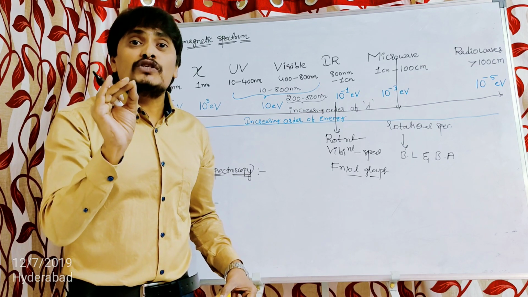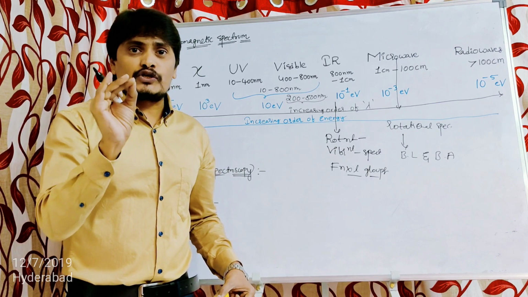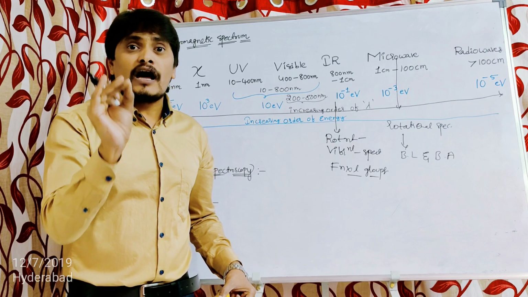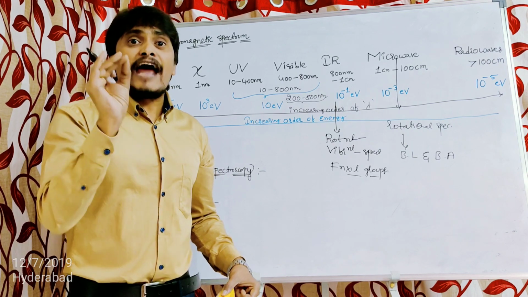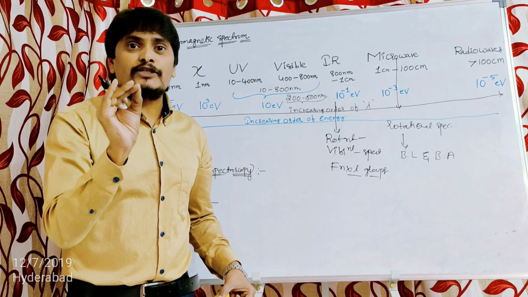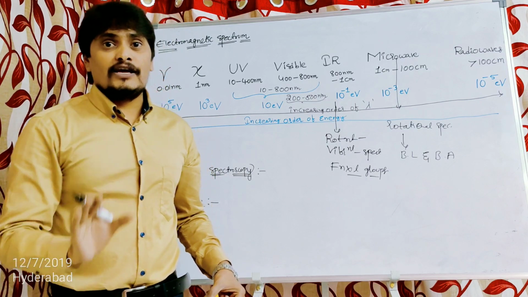So what are those flexible electrons, students? Those flexible electrons are the pi electrons, and the pi electrons are a part of the unsaturated molecules. And which class of organic molecules comes under the category of unsaturation? That is alkenes and alkynes.